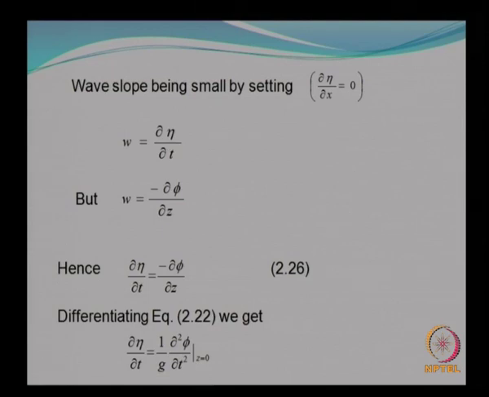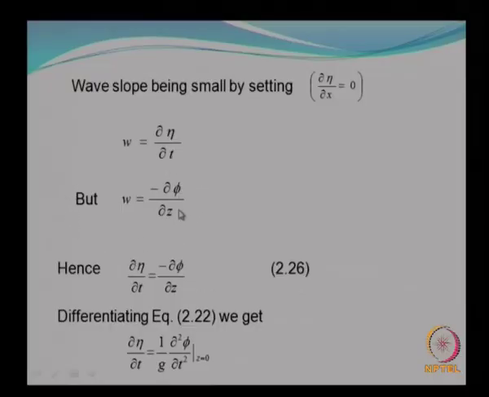What we have seen earlier, celerity, is the speed of the wave itself. Now we are trying to understand, when the wave is moving, what is happening under the wave. You know that the velocity potential varies within the fluid medium, and so does the velocity. So the vertical velocity will be minus dou phi by dou z.